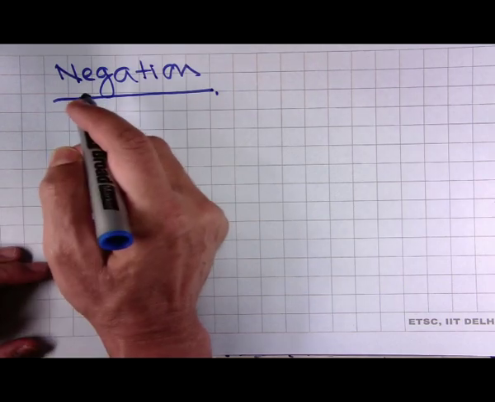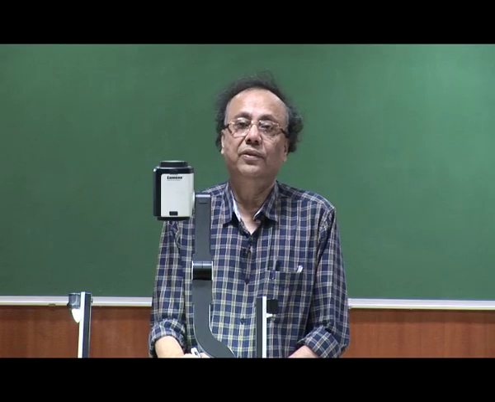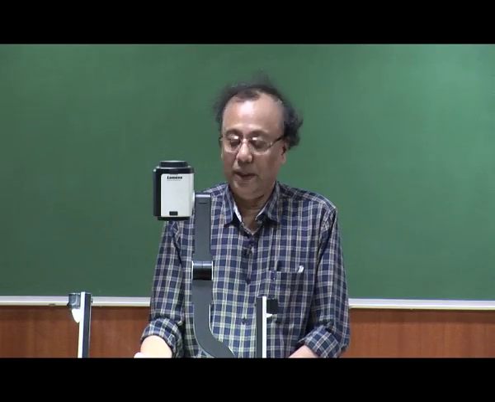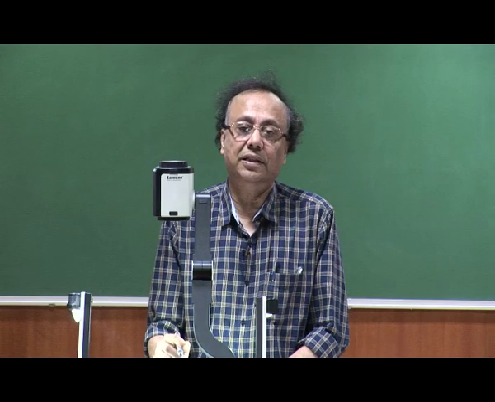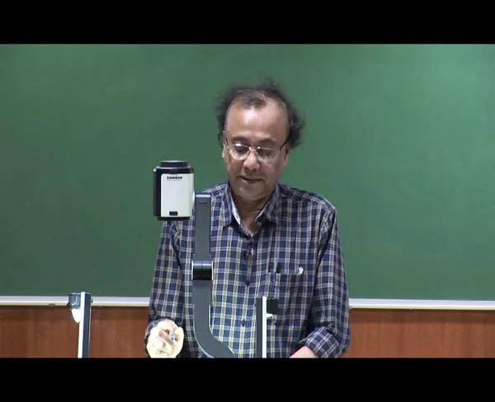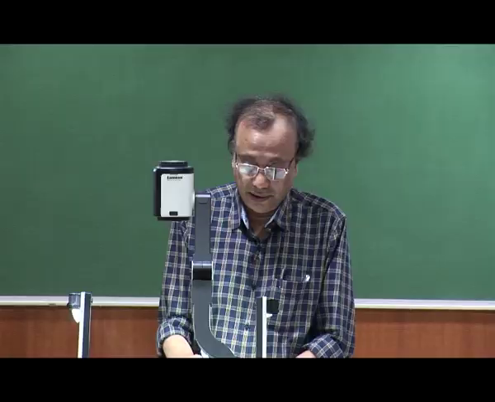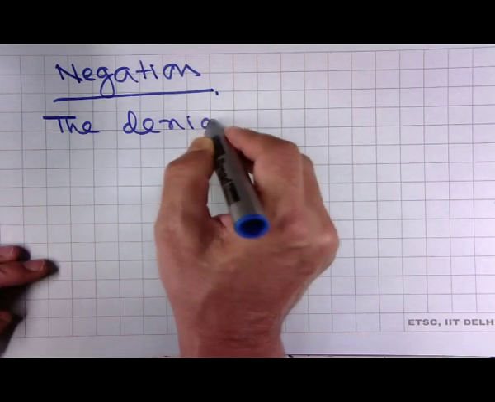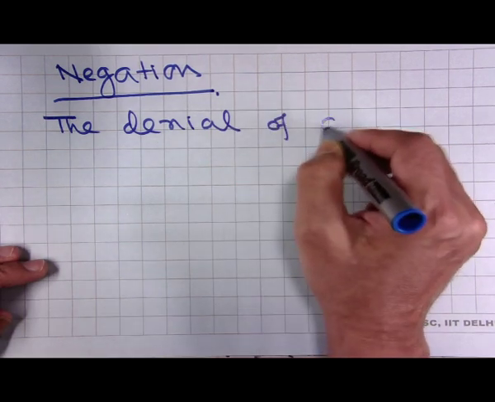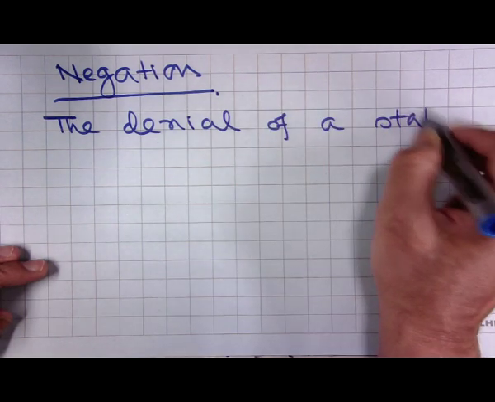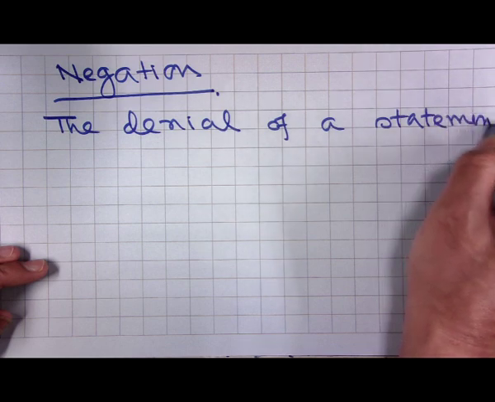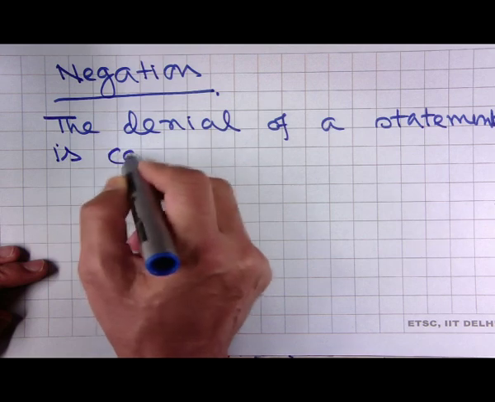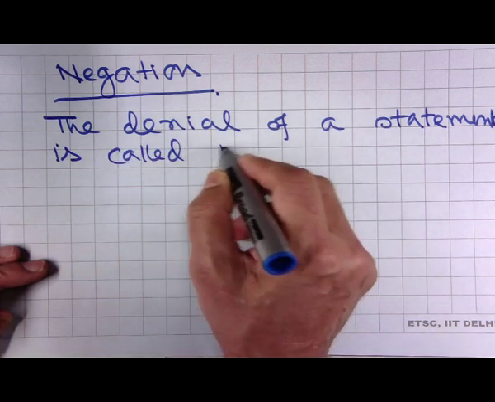What is negation? The fact that is given, we are denying it. We are denying the fact that is there with us. So, the denial of a statement is called negation.